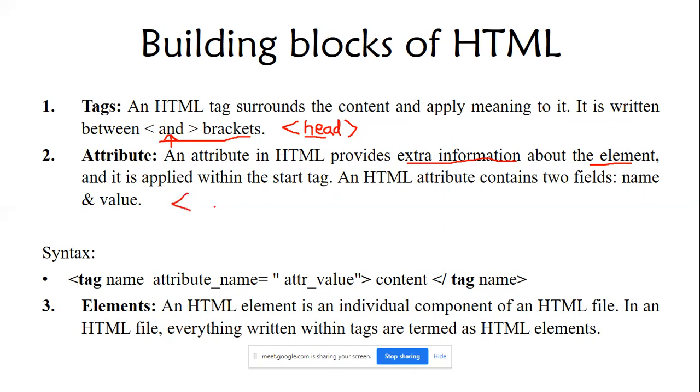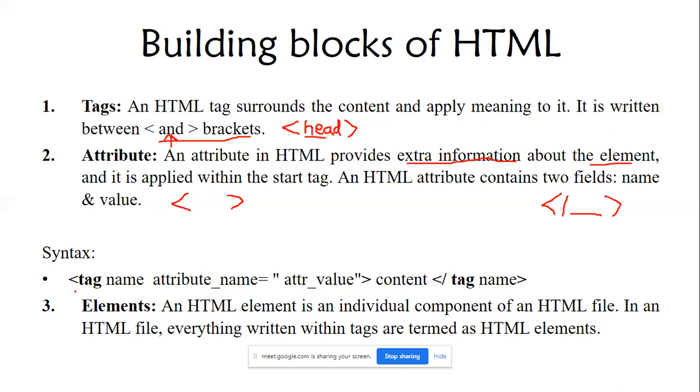For the end tag, we use the slash and tag name in angle brackets. So whatever attributes are written in the HTML document are present in the start tag only. Attributes basically have two fields, name and value.